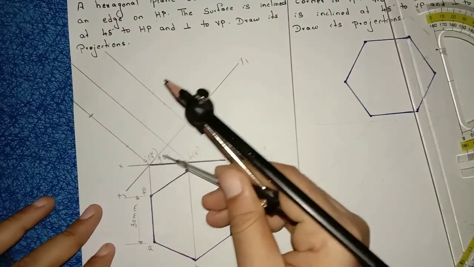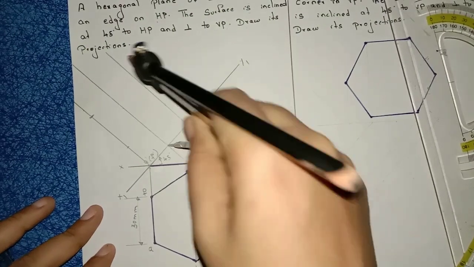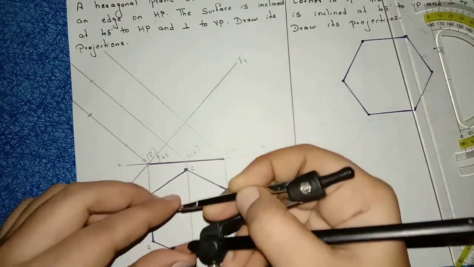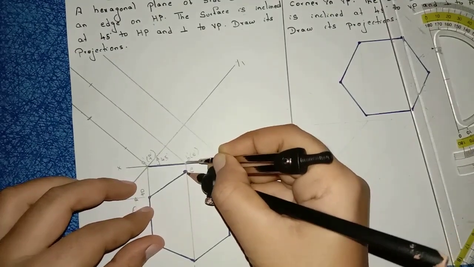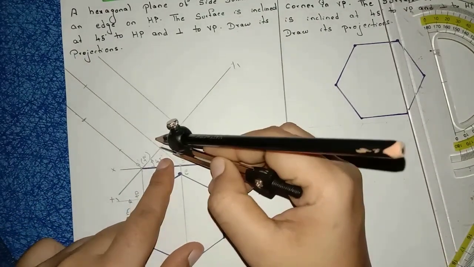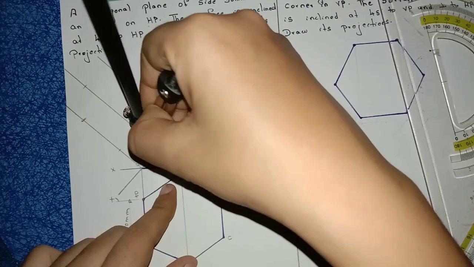This is the new reference line and this is the B point line. From here, I will mark point B. Then next, from the reference line again to E point, from the new reference line, I will mark point E.